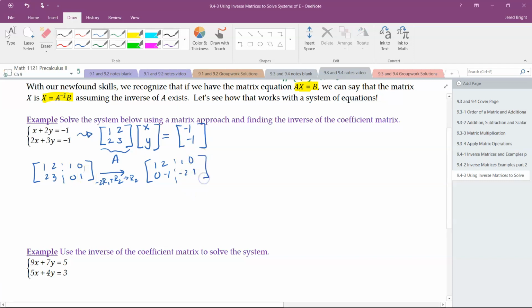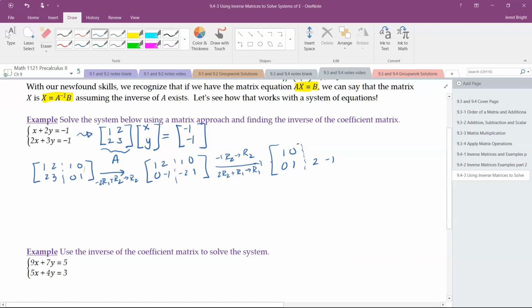Now I'm going to do two things at once. I'm going to take negative 1 times row 2 into row 2, and I'm also going to take 2 times row 2 and add it to row 1, putting that in row 1. Then I end up with the identity on the left. On the right, the second row is just the opposite values, so 2 and minus 1.